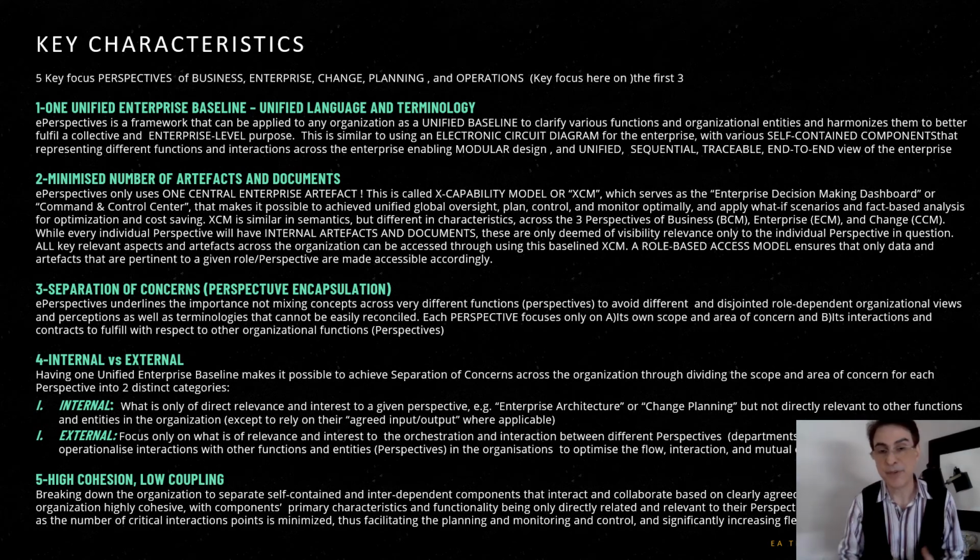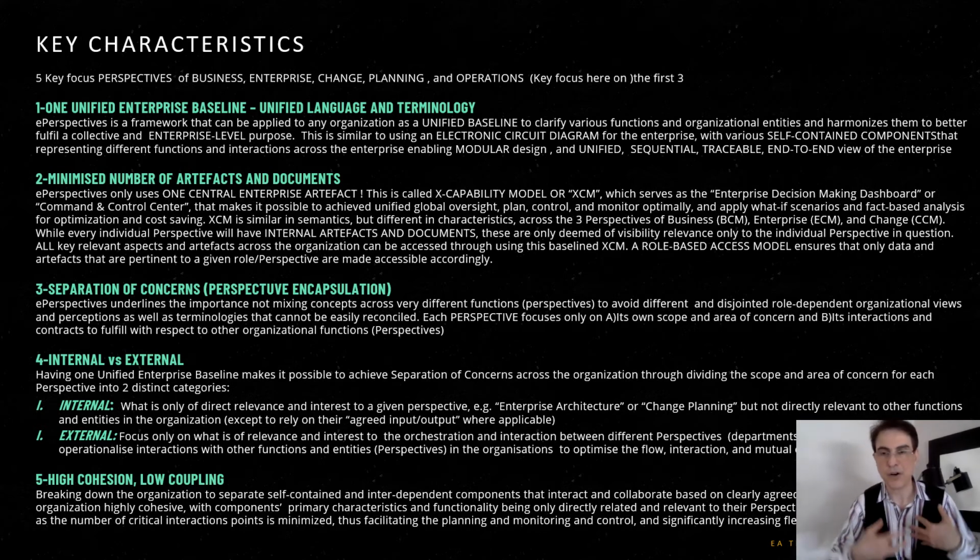And as per number 4, we separate clearly whatever is internal within a sub-perspective or perspective from whatever is external. The inside-out view is what we do inside and how we developed, what kind of techniques we use, but it only is important in terms of how it leads to us coming up with the key artifact or input to the next perspective.